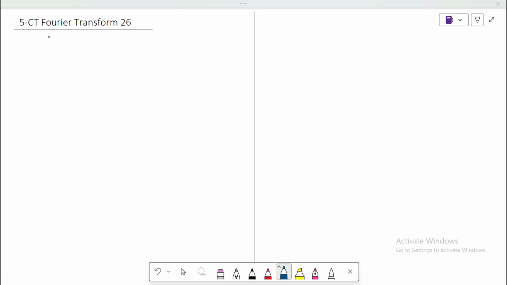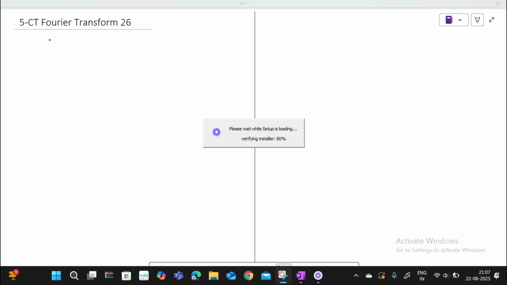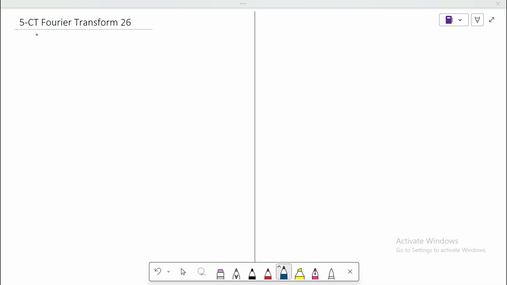For that, now we are going to revise the whole chapter. Here I'm taking one continuous time signal.